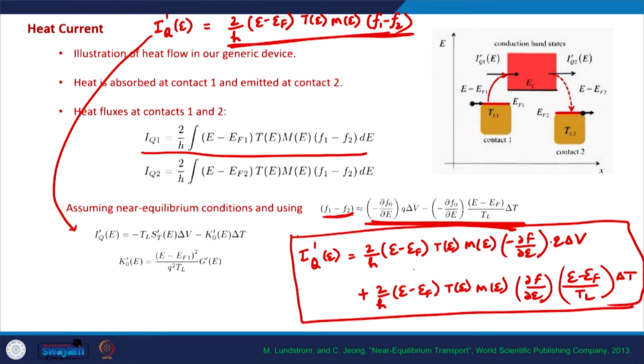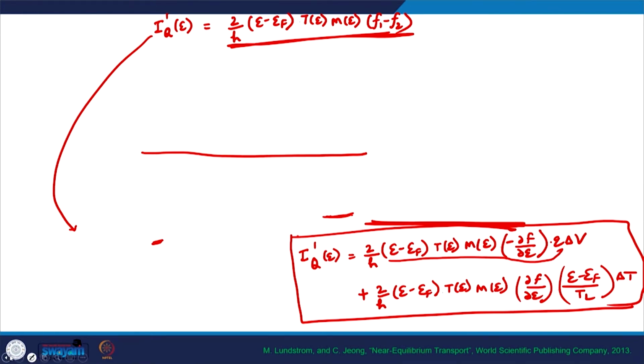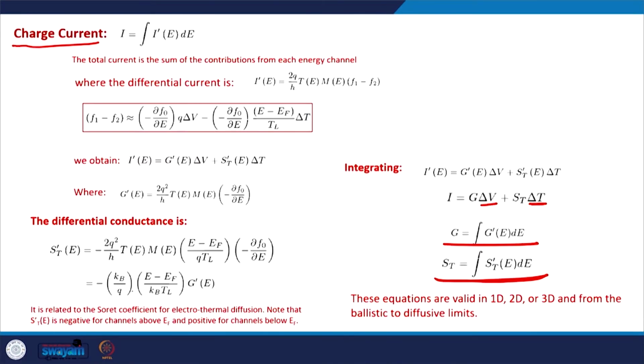If we have a close look on this side, this coefficient apart from delta V is closely related to the Soret coefficient, because this S prime T in our previous derivation is given by this expression.